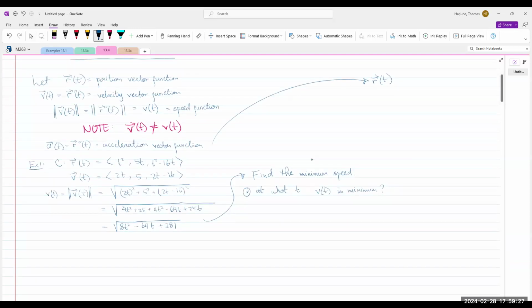Notice that v(t) is minimum when the radicand inside the square root is minimum. 8t squared minus 64t plus 281 is minimum.